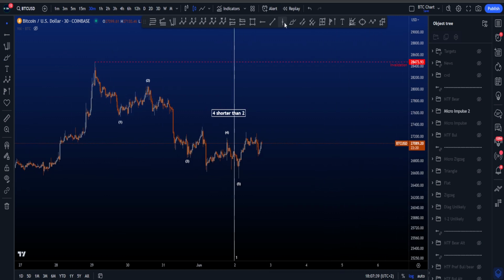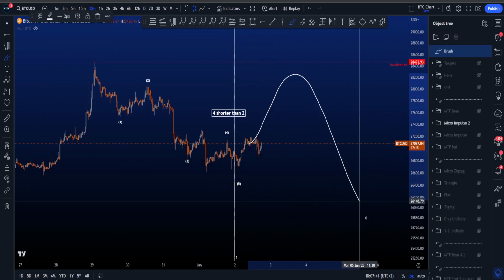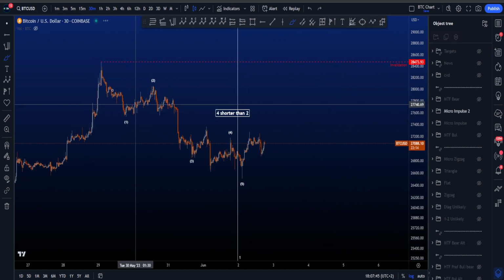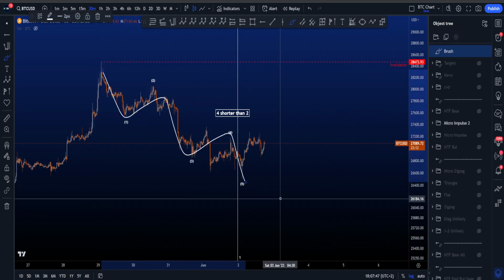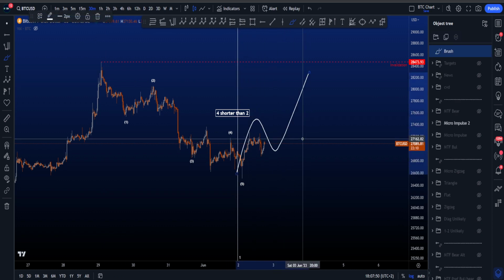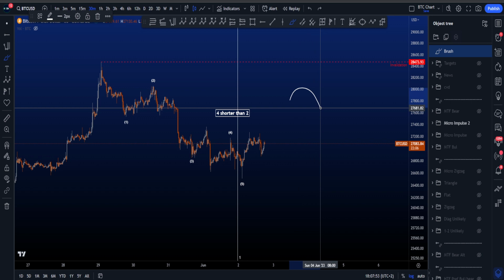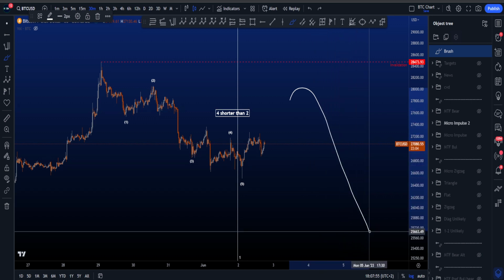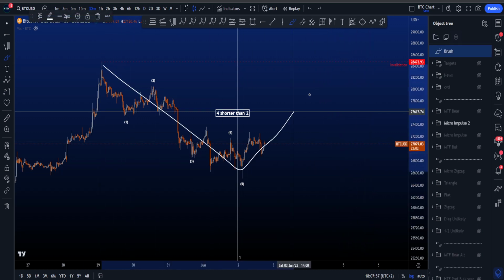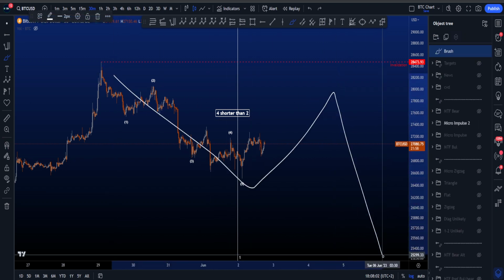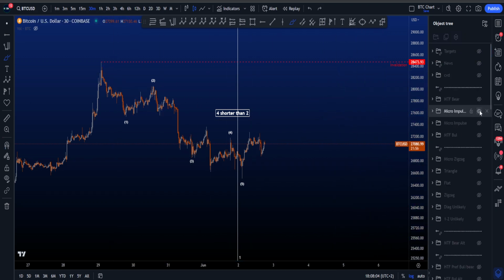A 5-wave impulsive move always needs a connector, like another 5-wave move to the downside. So if this is already a finished structure in a 5, you then expect a corrective weekend coming up, and then eventually next week, or whenever, you expect another impulsive move towards the downside in either an A, B, C, or a 1, 2, and then a bigger 3 towards the downside, right? So that's actually quite important.